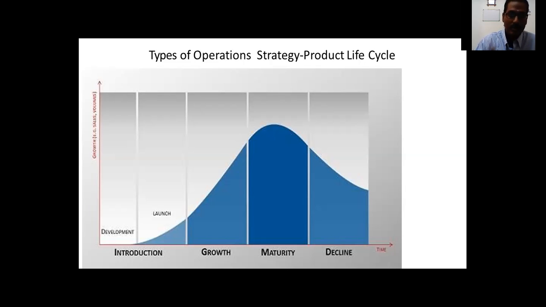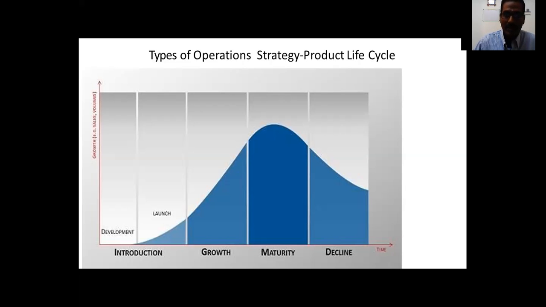So just to have some revision of the last class, we discussed operation strategy. In that, we discussed production strategy and other types of operation, like the stages of the product life cycle, where a product undergoes introduction, growth, maturity, and decline.